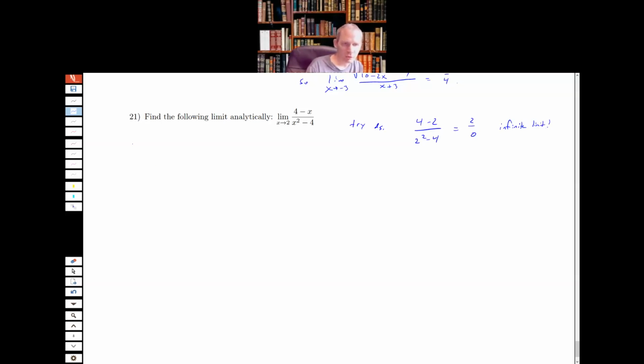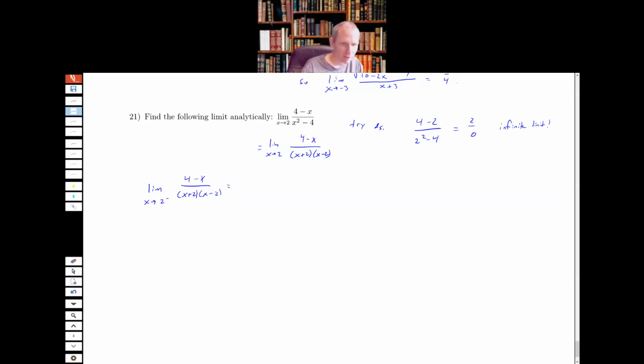You don't have to, but I like to factor if it's possible, even if the factors aren't going anywhere. So in the denominator, I'd have x plus 2 times x minus 2. So nothing cancels, okay? But now when I check my left and right limits, it's sort of easier to see what's going on.